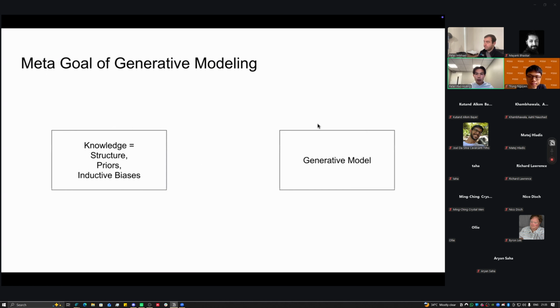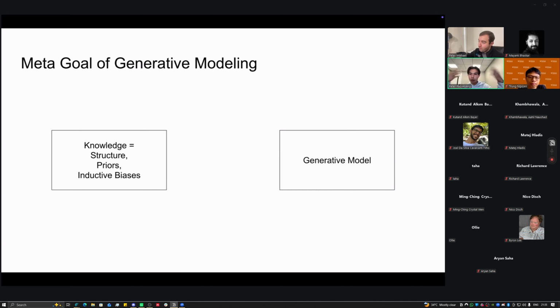But there's, I would argue, a secondary or meta goal of generative modeling that in many domains, like scientific domains, is arguably as important as just sampling from P data. We have these two core objects. We have our generative model that we learned from some data set, but we also have some knowledge that exists in the world, built off of humans.